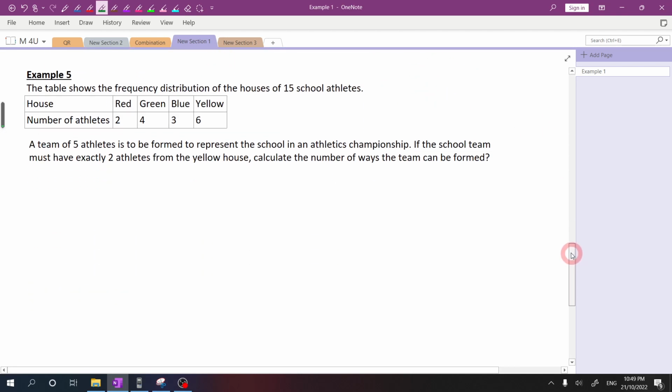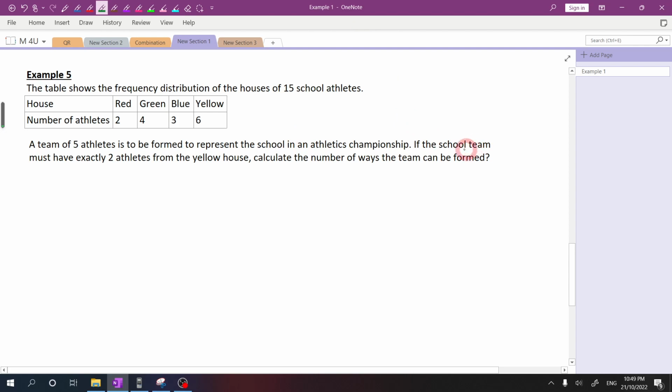Okay, now let's look at example number 5. The table shows the frequency distributions of the houses of 15 school districts. So we have red, green, blue, yellow. We have 2 districts from red house, 4 districts from green house, and so on. A team of 5 districts is to be formed to represent the school in an athletics championship.